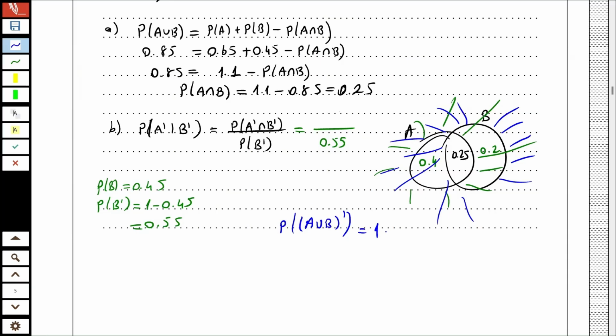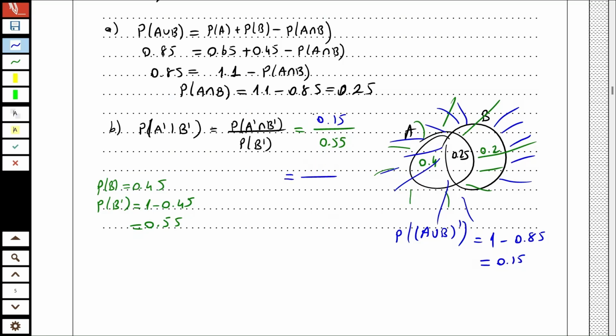In this case, we can use 1 minus the probability of the union, 0.85, which is 0.15. So let's use it. Since you are not allowed to use a GDC, we will just write, maybe you can cancel 5 from each, first 15 over 55, and it equals 3 over 11.